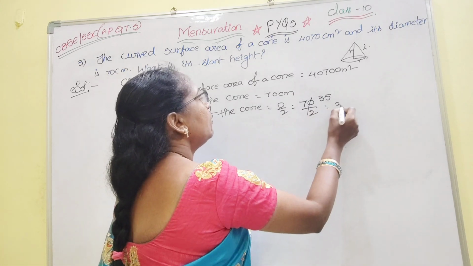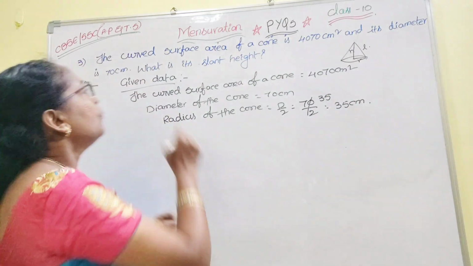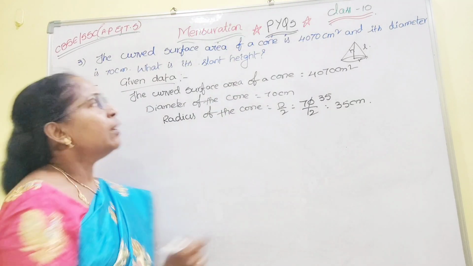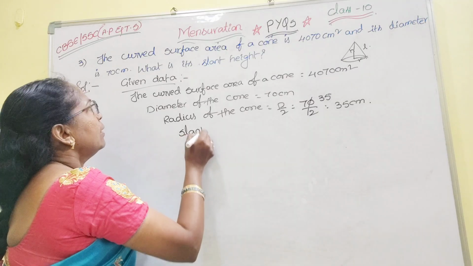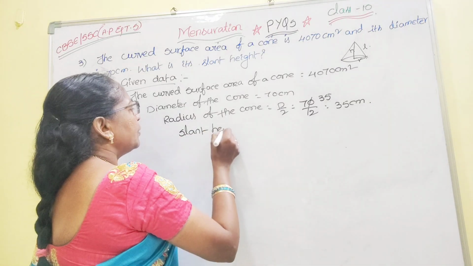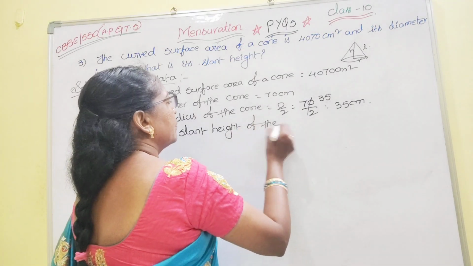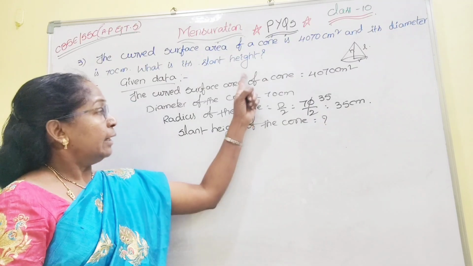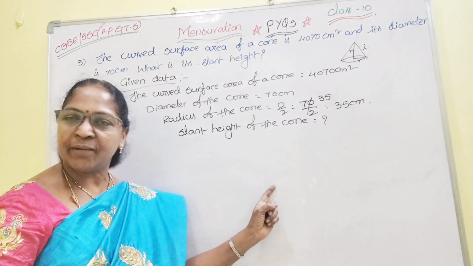So the value equals 35 centimeters. Now, next, what is given? These two values only are given. You have to find the slant height of the cone. Till this you will get half a mark. This is the given data.